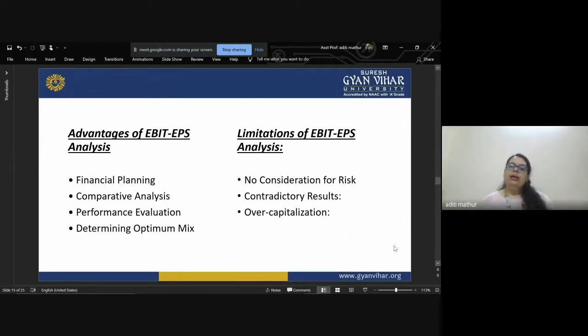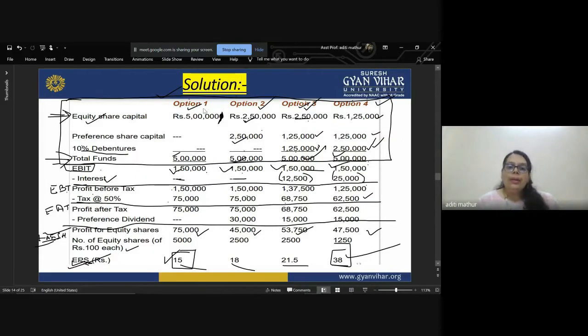The third important advantage which this approach gives you is performance evaluation. You can evaluate the performance of your organization at the different combinations of capital, which we have done in the previous example. You were able to analyze how much I was actually earning after paying the taxes, right?